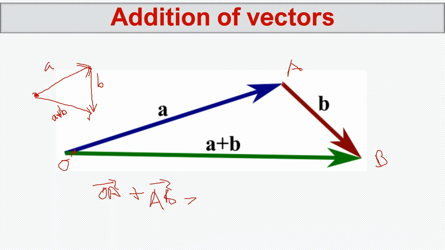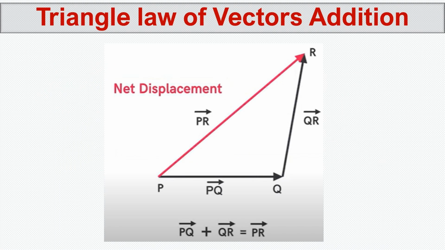Now the answer is the OB vector. That will be a plus b. This is a vector summation, the addition of two vectors.